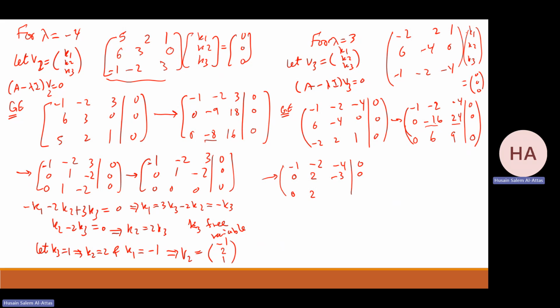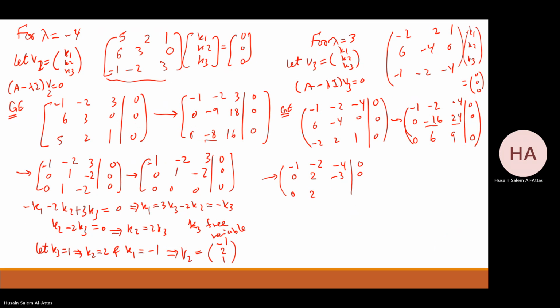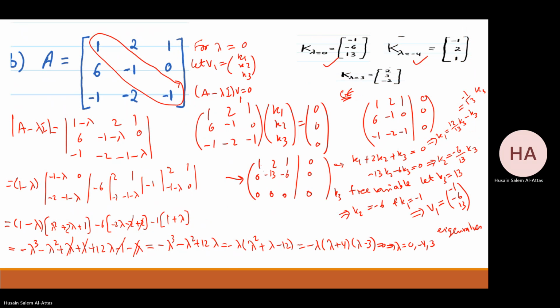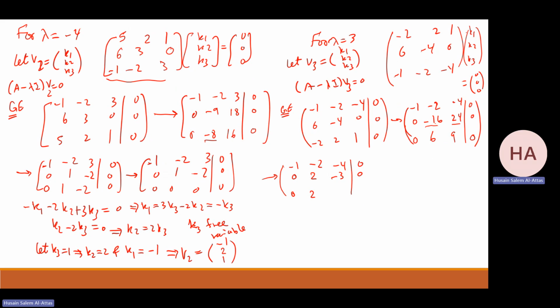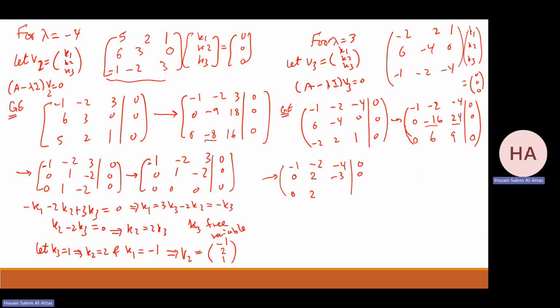Minus 1, minus 2, minus 4. Is it the same correct equation? Minus 1, minus 2, minus 4. Minus 2, 2, 1. And 6 minus 4, 0. Okay. What is the eigenvalue? Lambda equals 3. Correct.